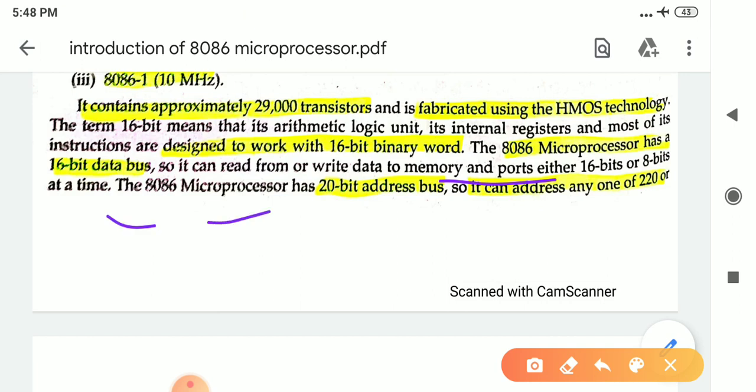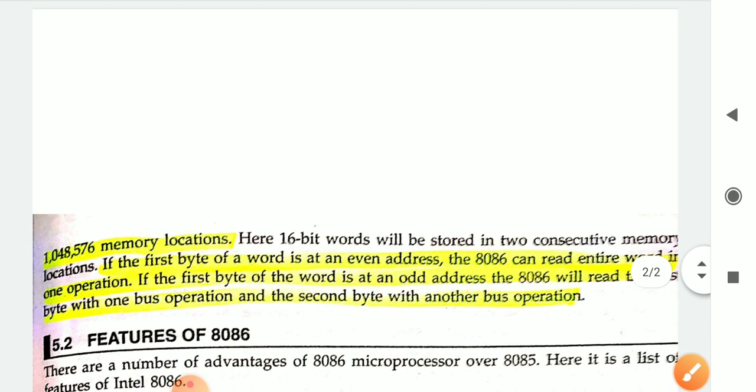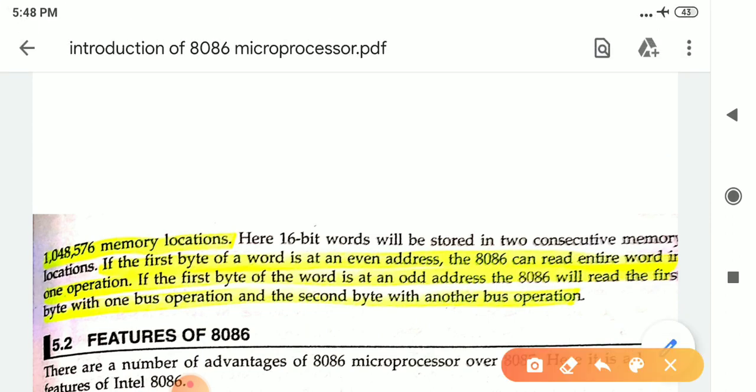The 8086 has a 20-bit address bus, so it can address any one of the 2^20, or 1,048,576, memory locations.